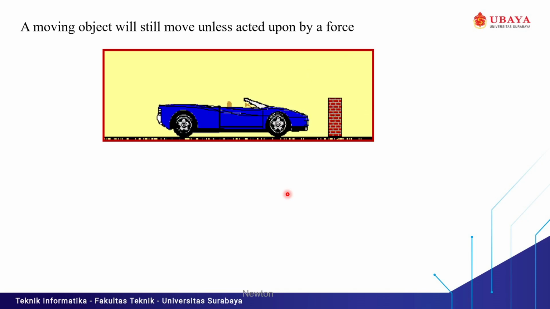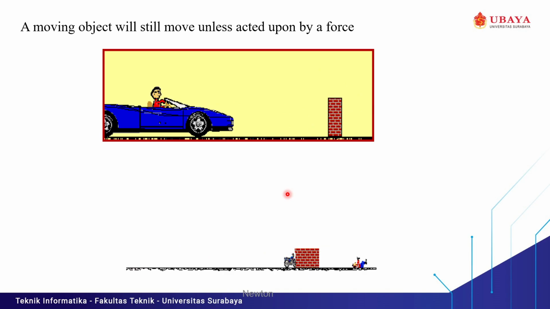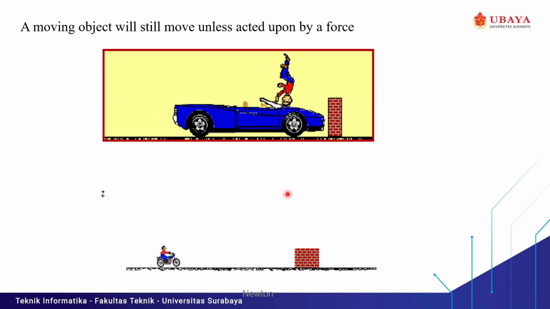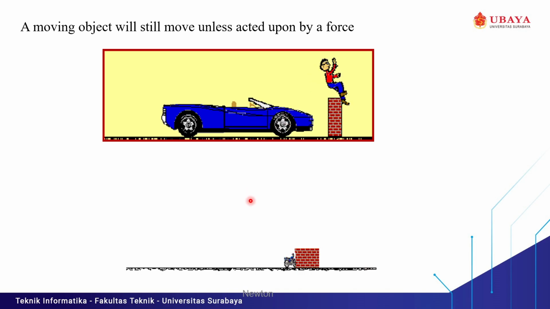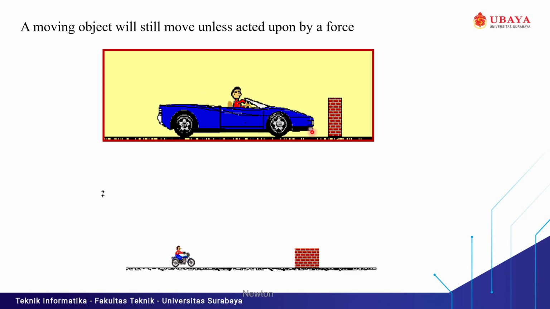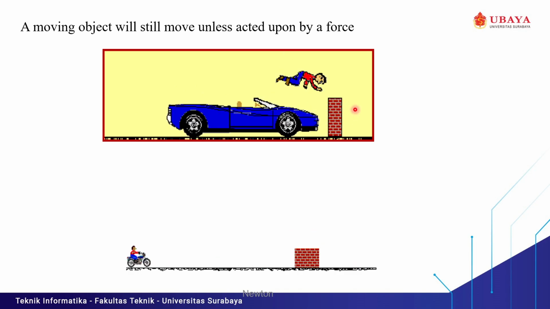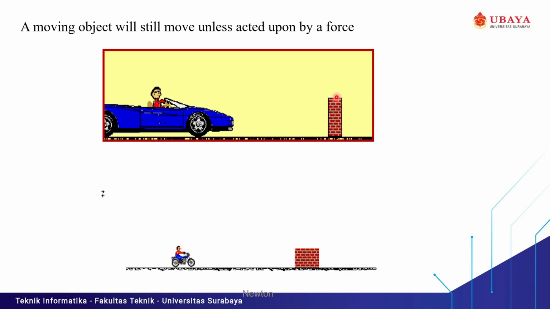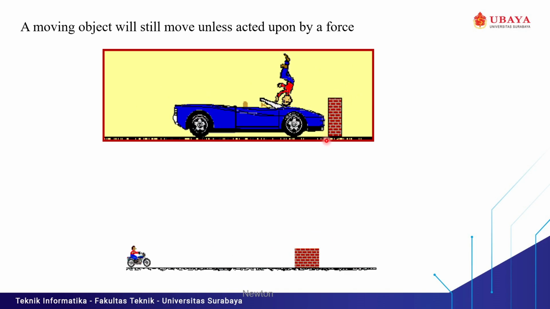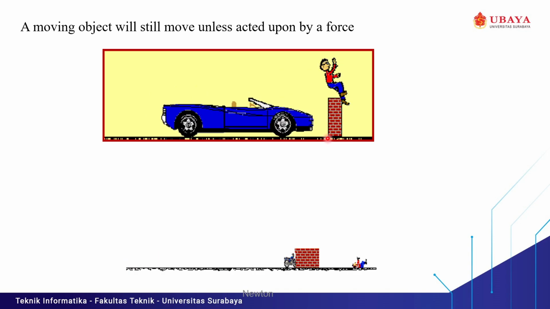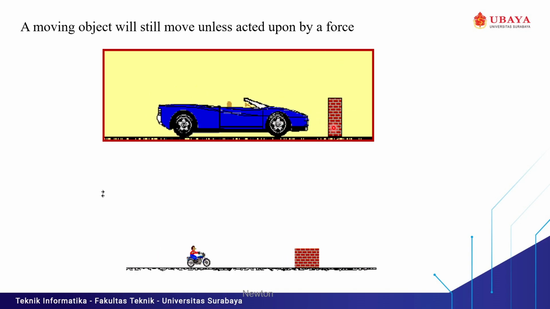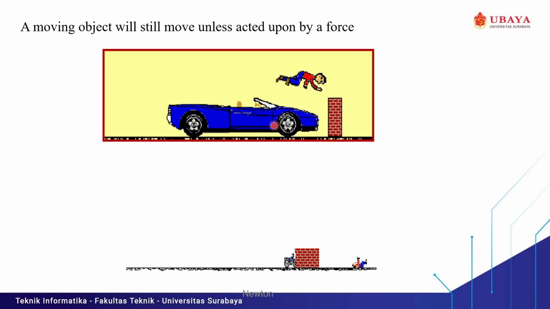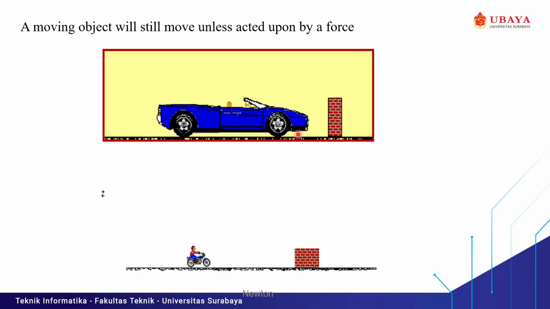Here I have two similar GIFs, showing the driver of a car and of a motorcycle. As you can see, the car will keep moving until it hits a brick wall. Assuming the wall does not crumble, then by another of Newton's laws, the car stops moving, or actually moves backward bit by bit.